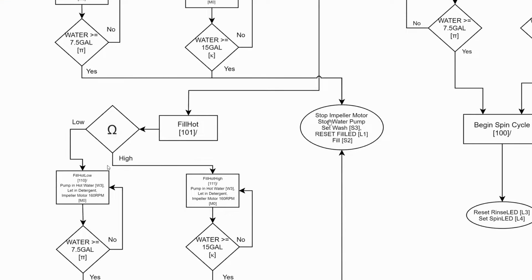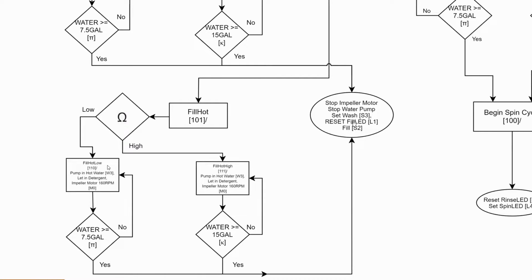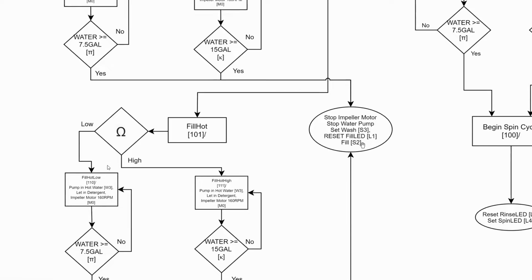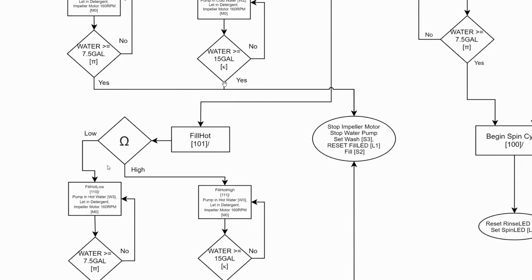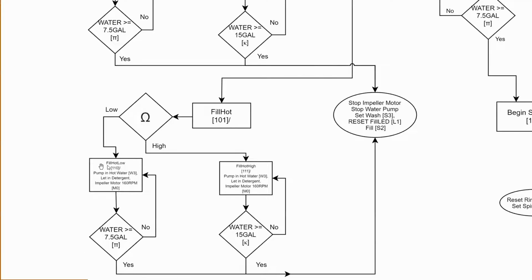It's going to stop pumping in water because we don't want any more water. It's going to set this one off. It's going to reset the fill LED because now we're no longer in fill. And also, it's going to reset this machine's switch. So now this machine is no longer connected because we don't want it doing anything after it accomplished what it needed to.